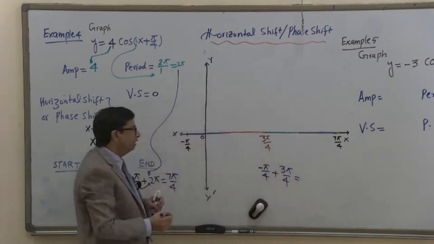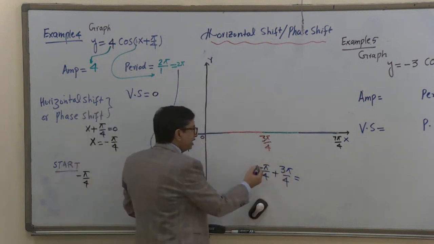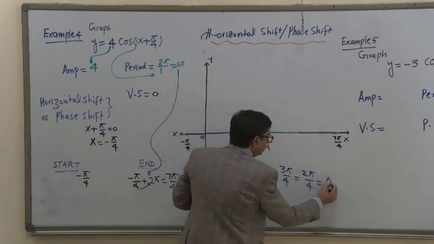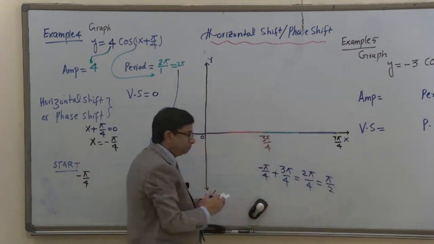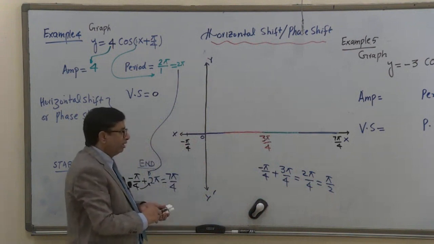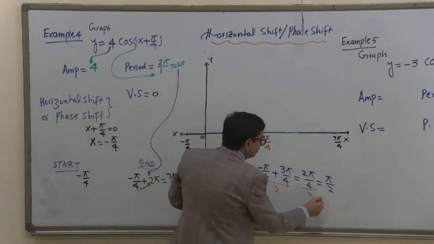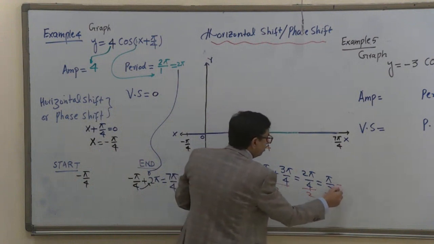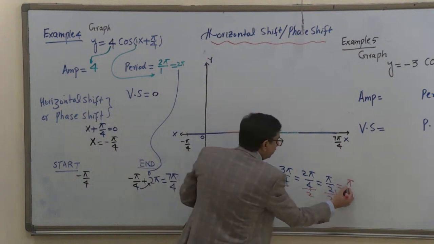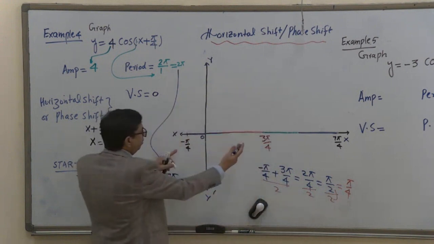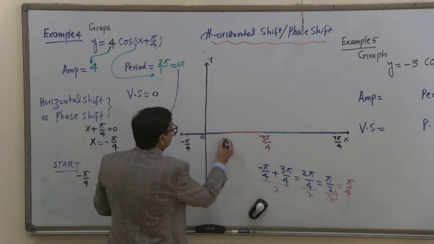Add both numbers: 3 minus 1 is 2, so 2 pi over 4, which is pi over 2. We have to find the midpoint, so divide everything by 2. So this is pi over 4. It means the midpoint of this interval is pi over 4.